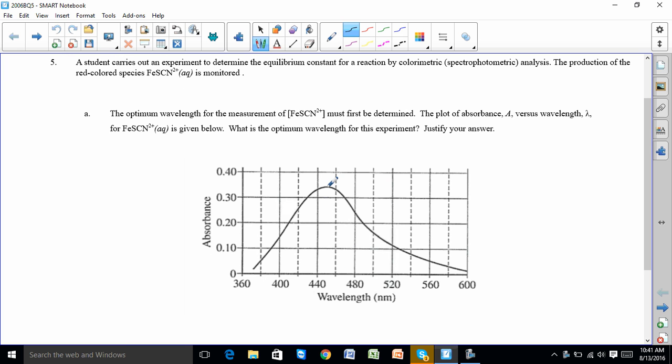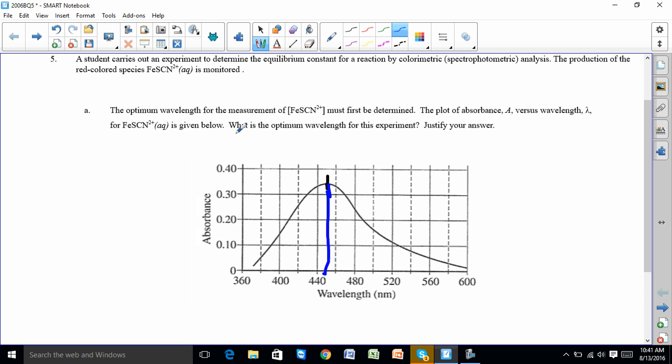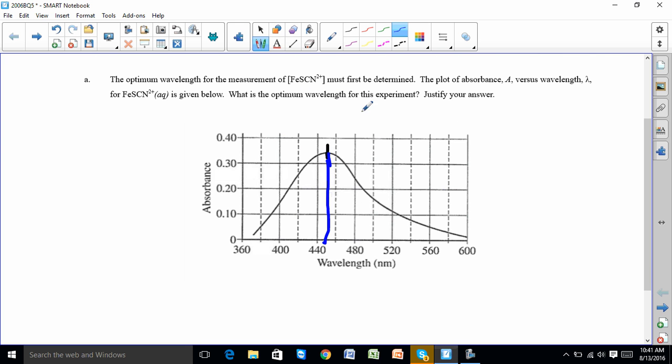Remember now, we've been giving you these in this lab, but Spec 20 labs or spectrophotometer labs are supposed to be done at maximum absorbance because that stretches out the scale. And so this lab, question A, what is the optimum wavelength for this experiment? Optimum means best.